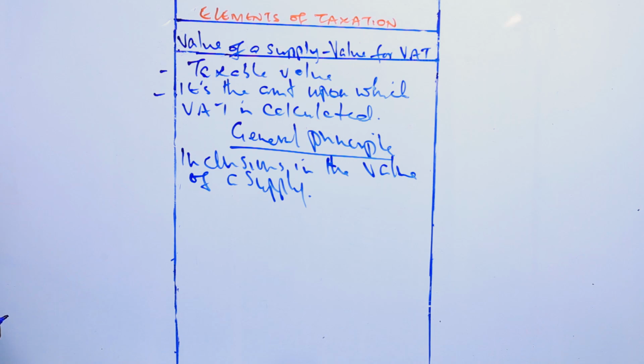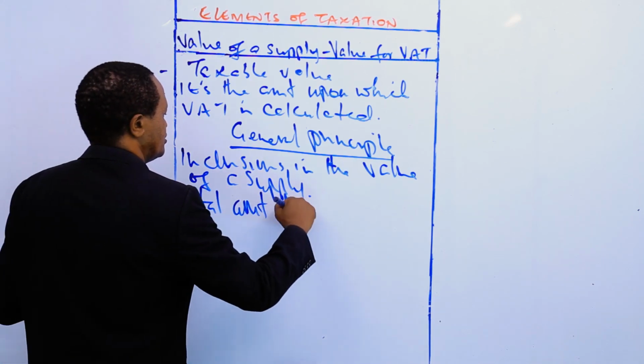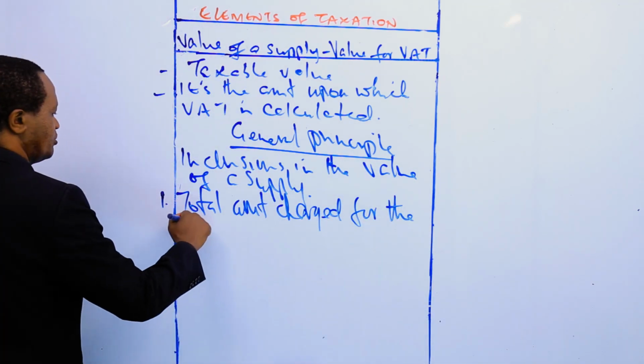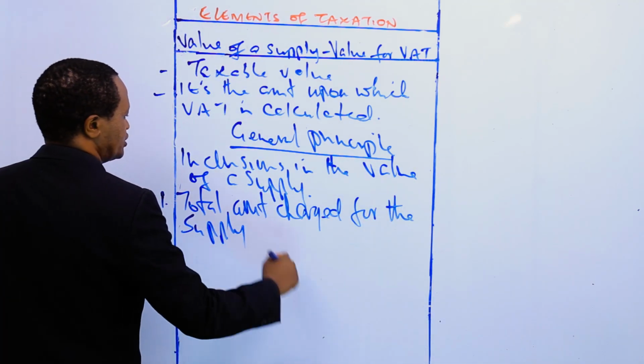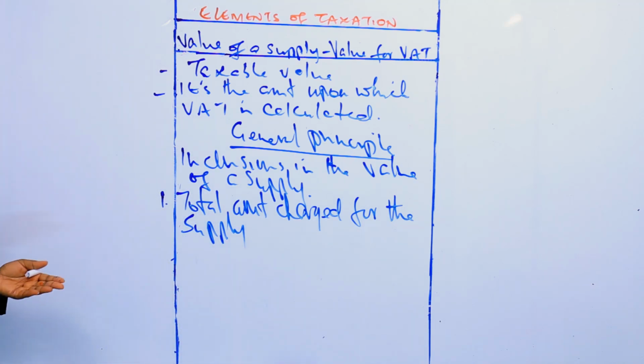Now, number one, the consideration for a supply is broadly defined and includes the total amount charged for the supply, and this supply could be a good or a service.